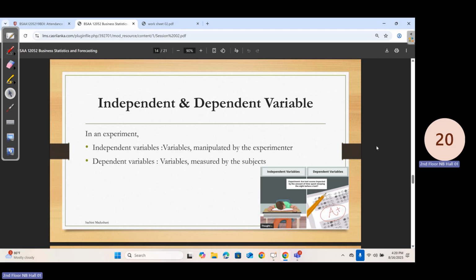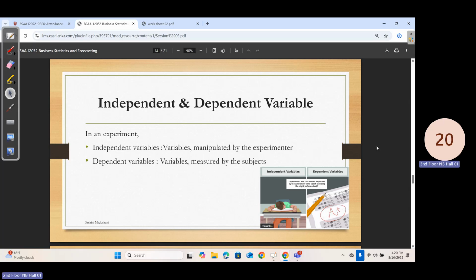Before finding the relationship, you need to identify which one is independent, which one is dependent. Okay. Then assume the quantity demanded depends on the price of the commodity. Then it means quantity demanded is the dependent variable. Price is the independent variable.